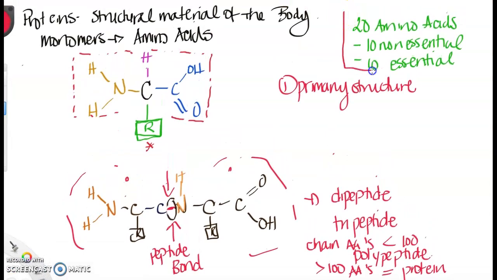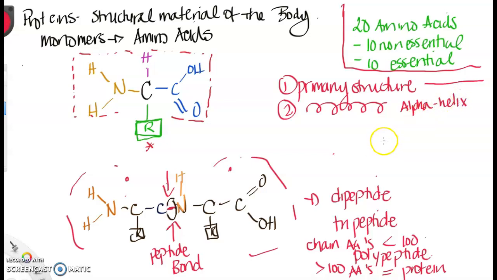Okay, so that's a primary structure. If we take that strand, that line of amino acids, we can either curl it around like this in sort of a helical configuration, that is called an alpha helix.